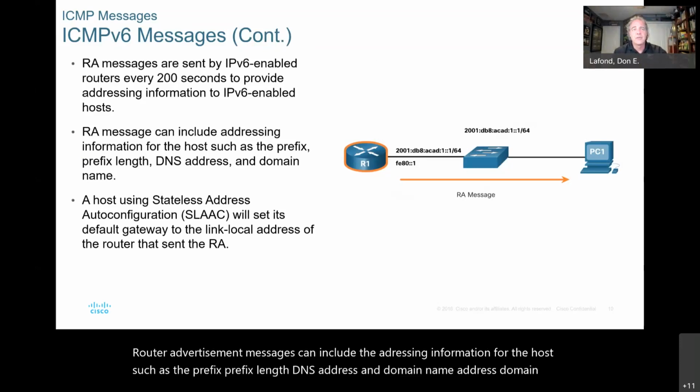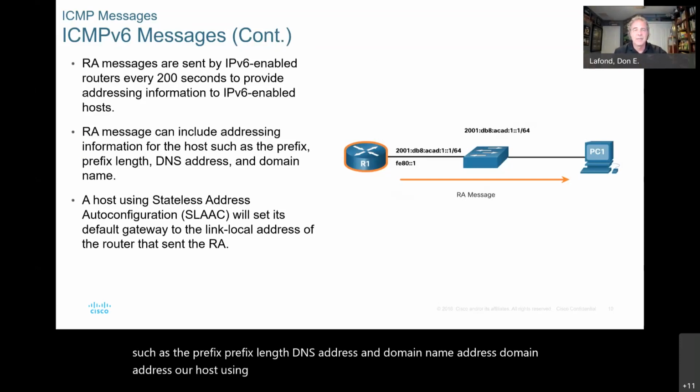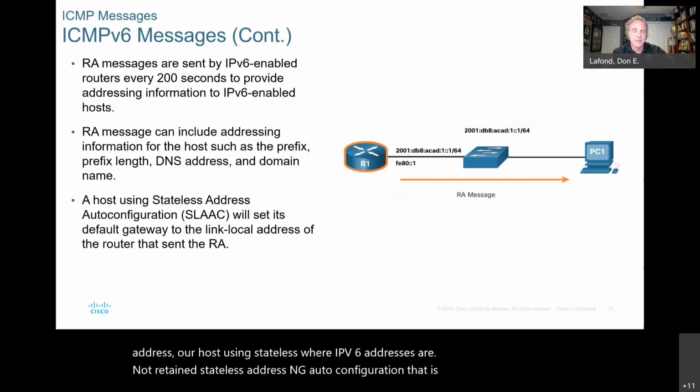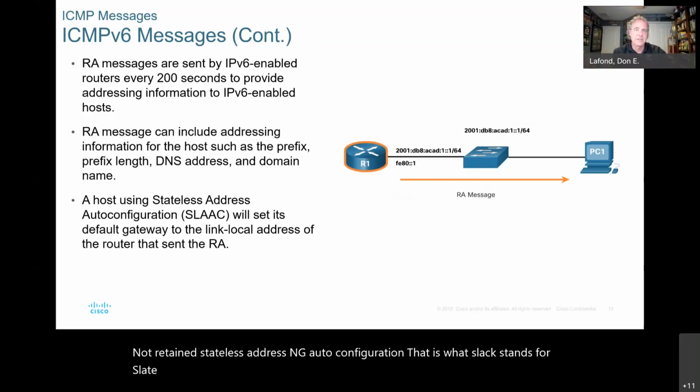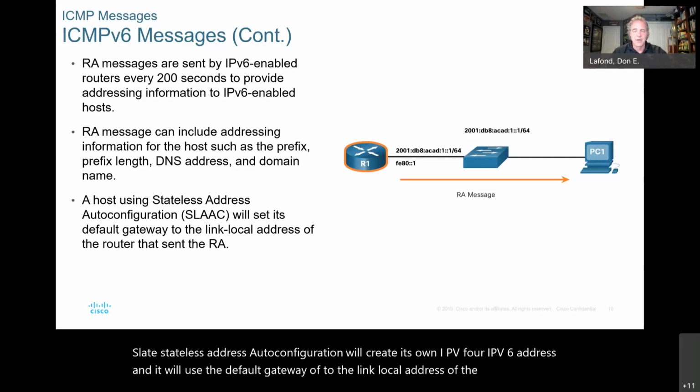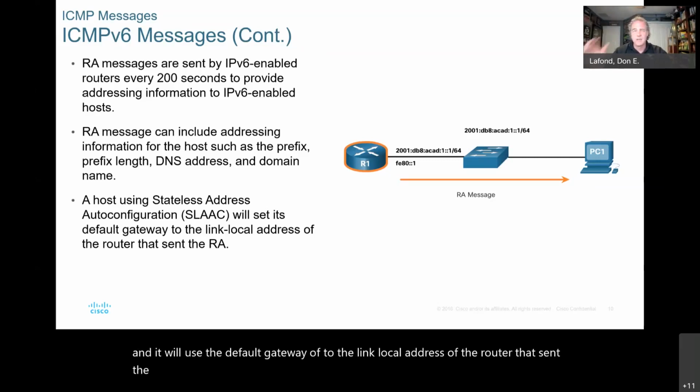A host using SLAAC, stateless address auto configuration, where IPv6 addresses are not retained, will create its own IPv6 address, and it will use the link local address of the router that sent the RA as its default gateway. It realizes that that is its default gateway.